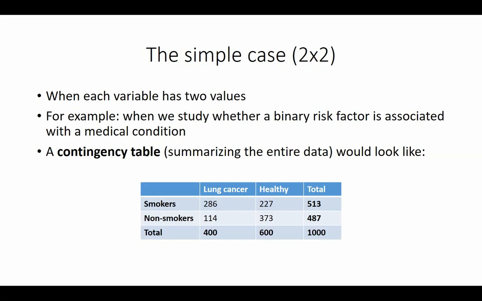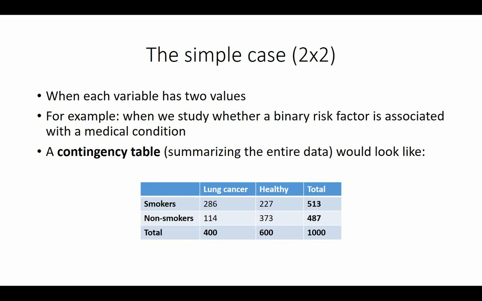So let's begin with the simplest case of a 2-by-2 scenario, which is actually quite prominent. And as we will later see, we can also reduce many of the problems to this case. As a simple example, let's consider a simple test that we may want to carry out to see whether there is some correlation between smoking and lung cancer.